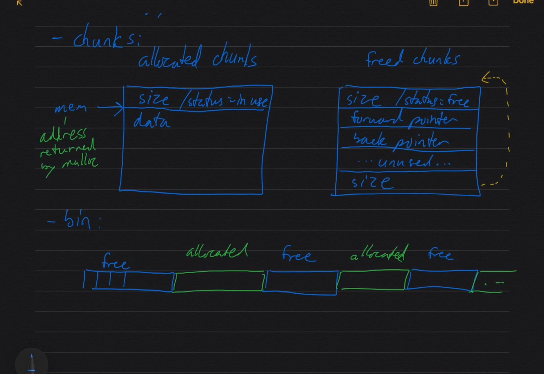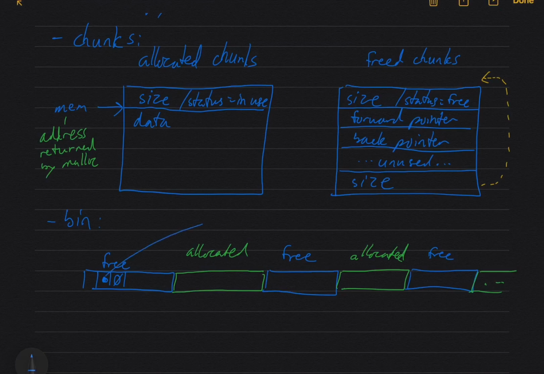There's a back pointer, so let's say that this free node here is the first in the bin. Its back pointer would be null, and its forward pointer would point to the next free one in the bin, and it doesn't necessarily have to be in the order that it shows up in memory.